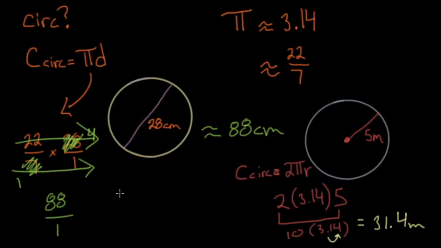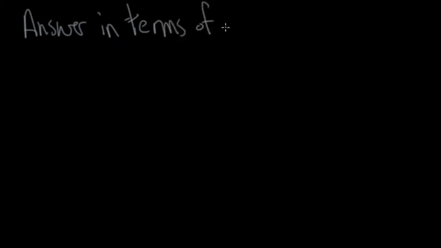Now, that gives you an example with using diameter and using radius. But there's something also really interesting that your teachers might be asking you to do. They might ask you to answer in terms of pi.